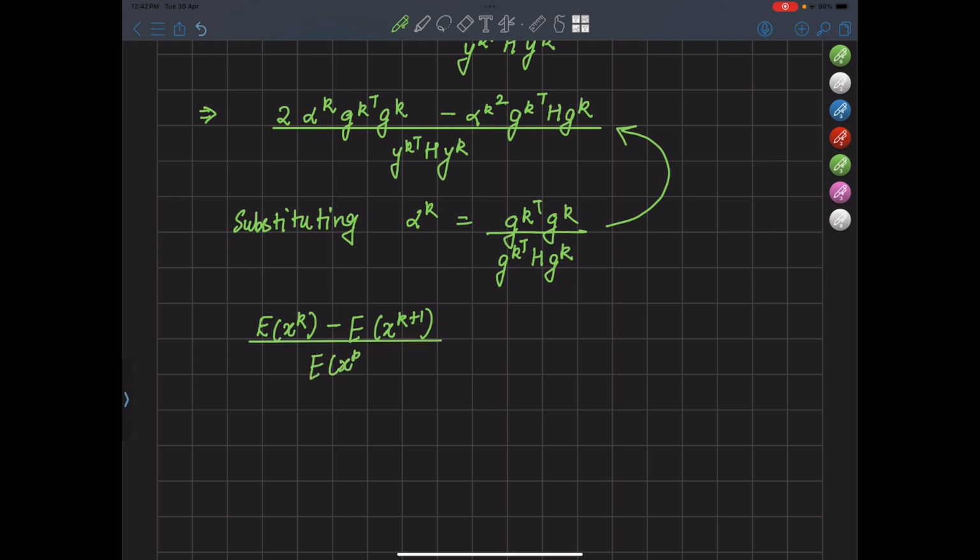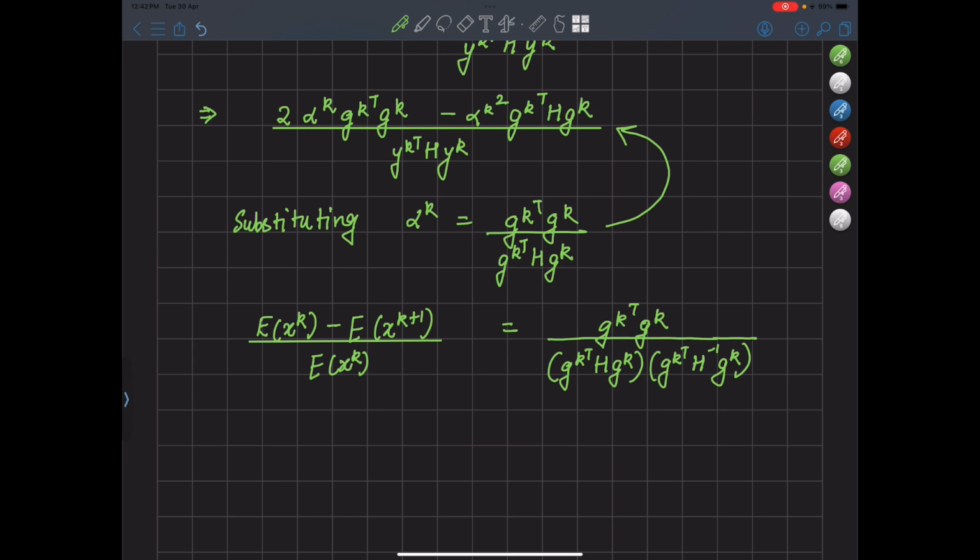The relative decrease in E of xk will be gk transpose gk squared upon gk transpose h of gk times gk transpose h inverse of gk. So this will be the result.